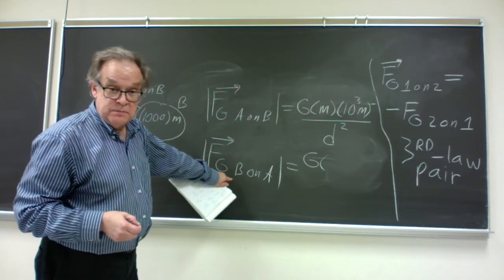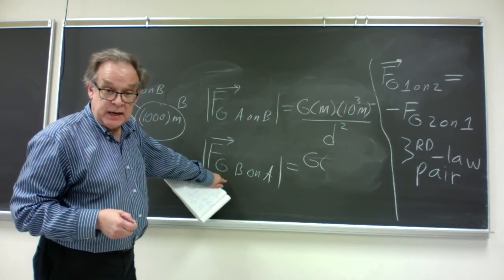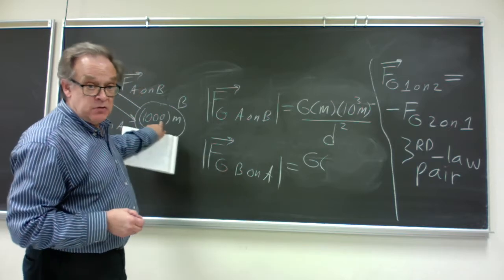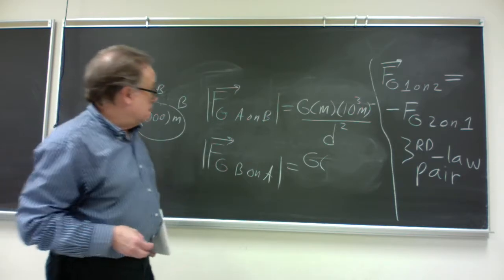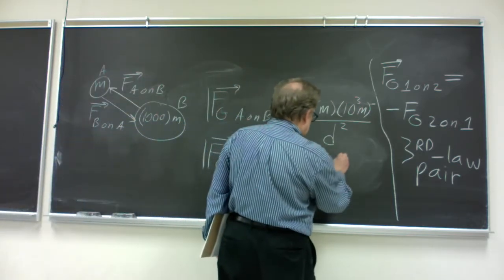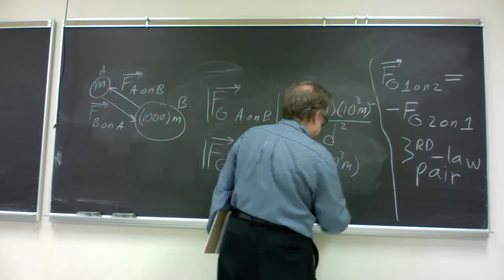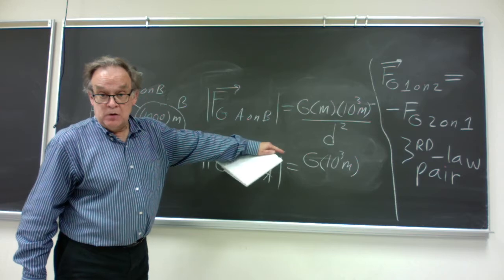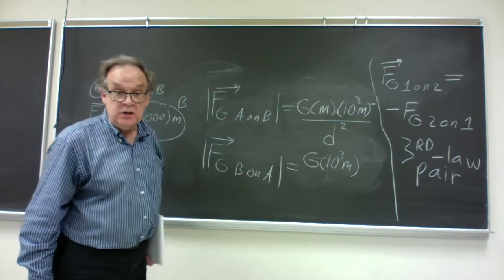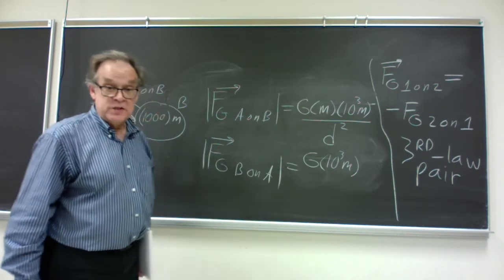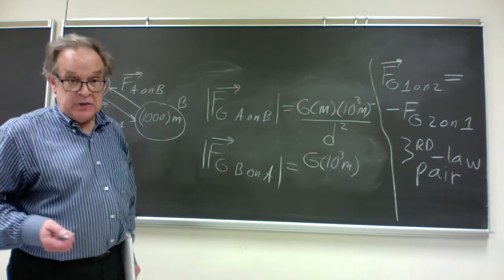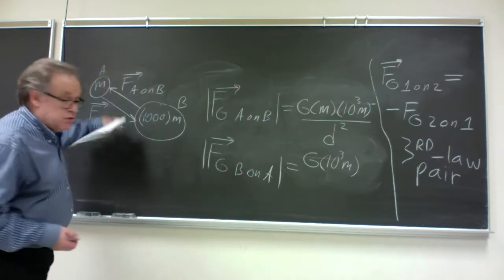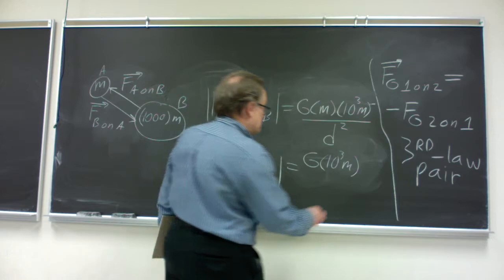B is the source. This force comes from B and acts on A. And the mass of B was 1,000 m, 10 to the third m. And then the last term will be the mass of the thing that feels the force. In this case, the force acts on A. A feels the force. The mass of A was just 1 m.